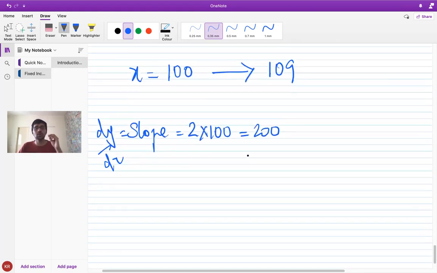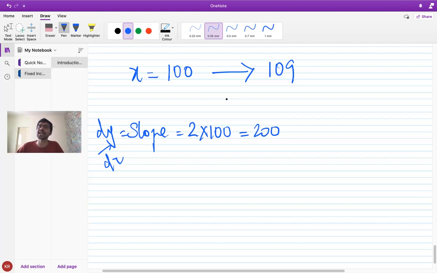The meaning of this 200 is, when x increases by 1 unit, the value of y increases approximately by 200 units. When x decreases by 1 unit, the value of y approximately decreases by 200 units.